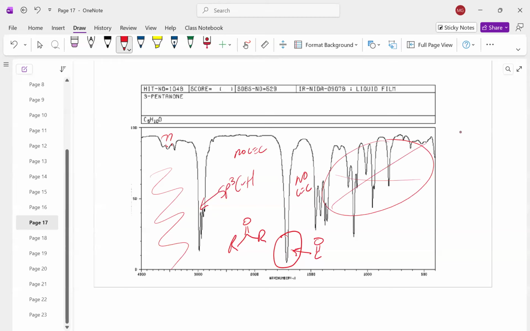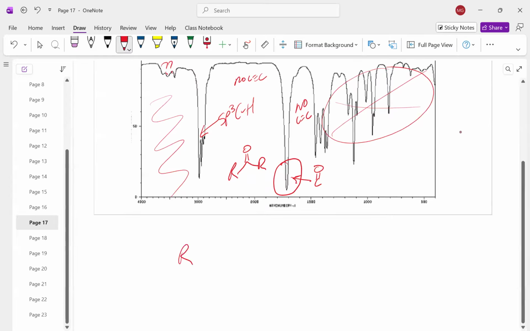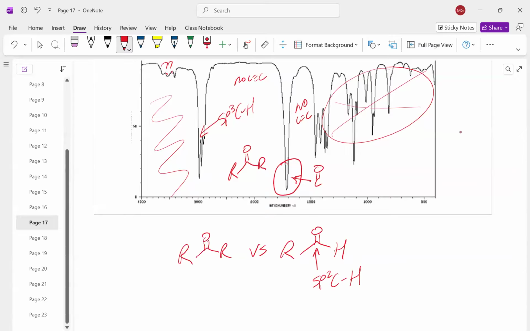And one of the things I want to highlight is how do I tell the difference between something like a ketone and, say, an aldehyde? So I want you to take a close look at those two. And in your mind, or maybe kind of shout it out at your computer screen right now, what is the main functional group difference between a ketone and an aldehyde? In an aldehyde here, I'm going to have an sp2 hybridized carbon that's also bonded to a hydrogen.